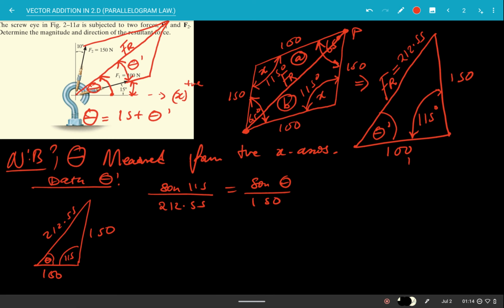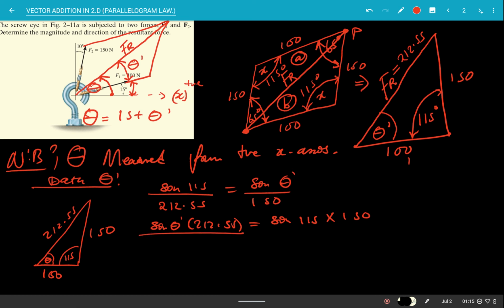Then all we have to do is to cross multiply. So this will be sine theta times 212.55 is equal to this guy times that guy, which will be sine 115 times 150.